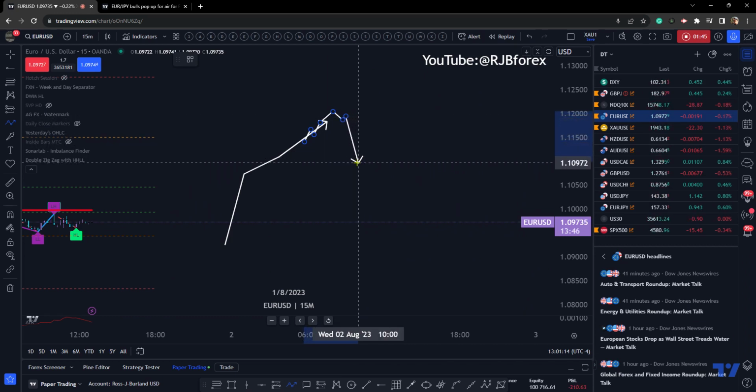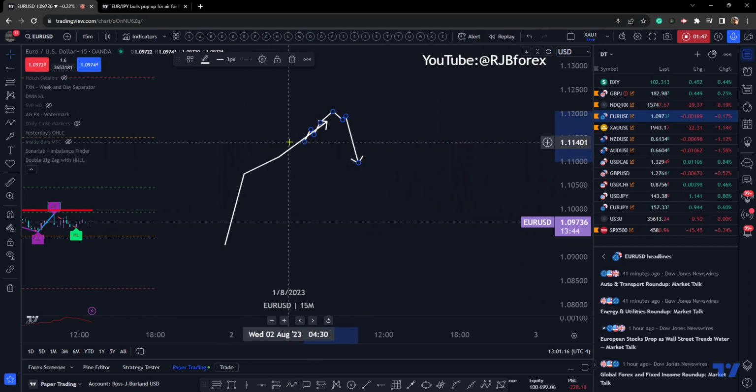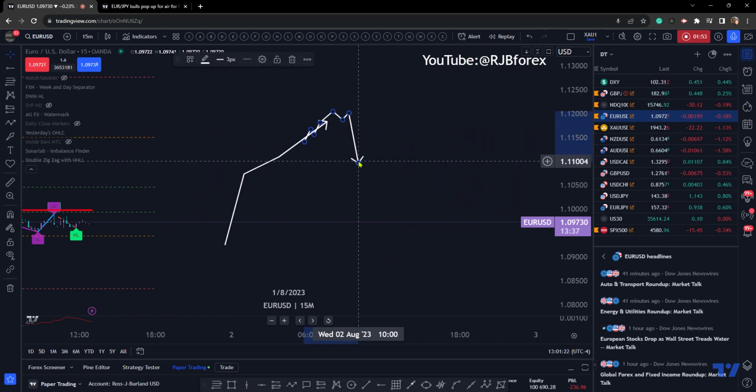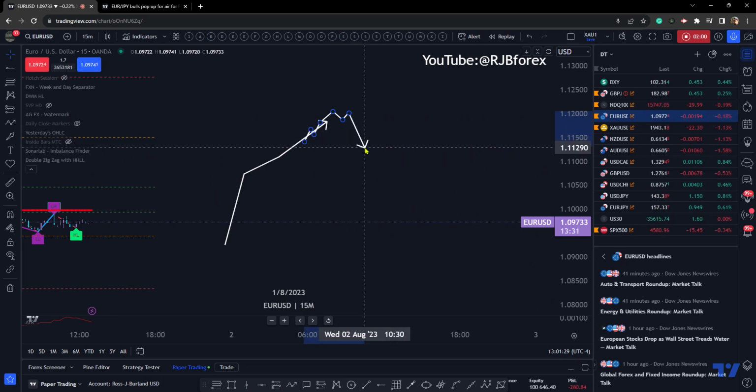sell off. And the more volume that has been dragged up, the more likely we're going to get the sell off. And not only that, a really nice move, an extended sell off, right?